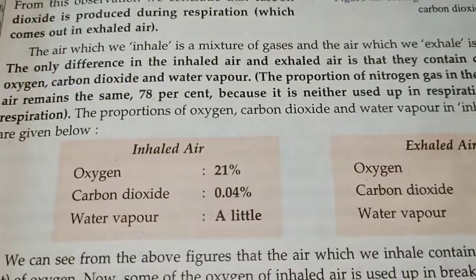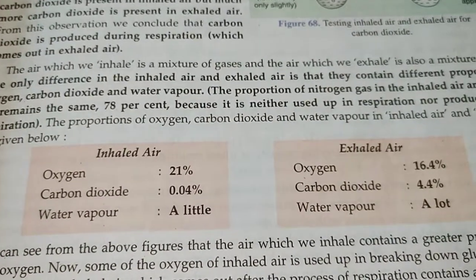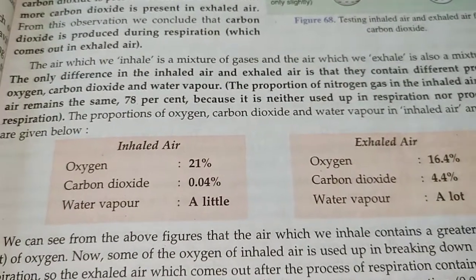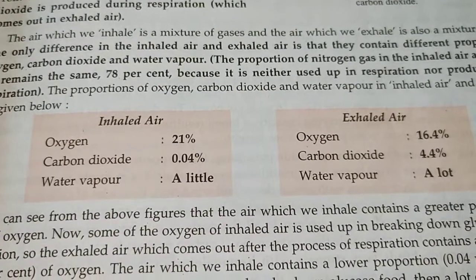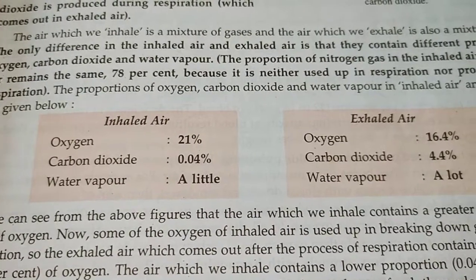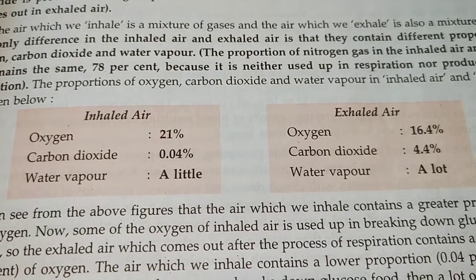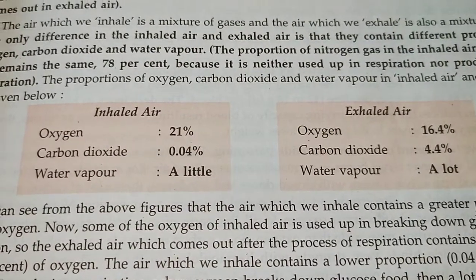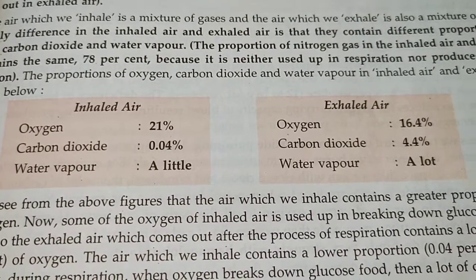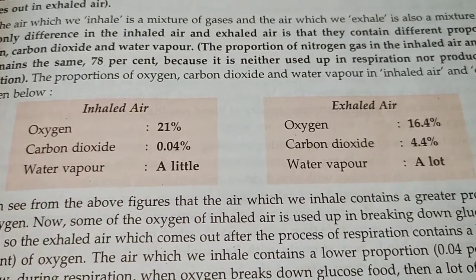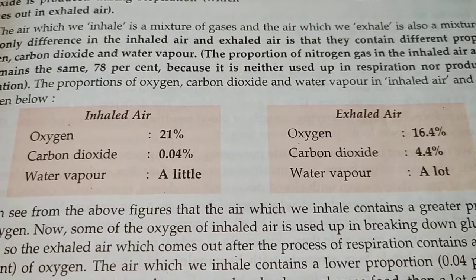So the only difference in the inhaled air and exhaled air we can see here is that they contain different proportions of oxygen, carbon dioxide and water vapor. In this given table you can see, and you can note down, the percentage of oxygen, carbon dioxide and water vapor in both inhaled air and exhaled air. In inhaled air, oxygen is about 21%, whereas it is only 16% in exhaled air.